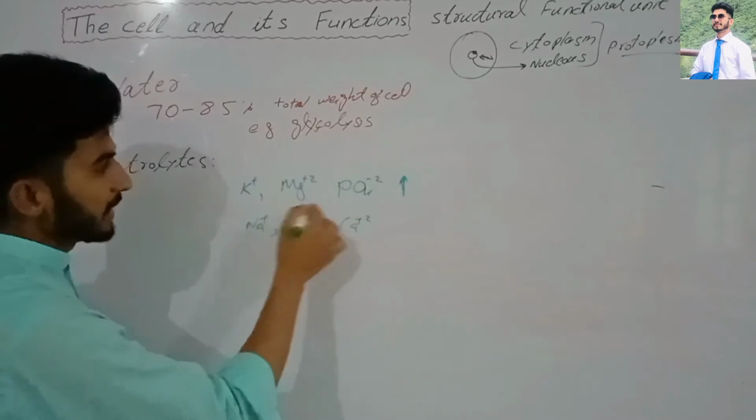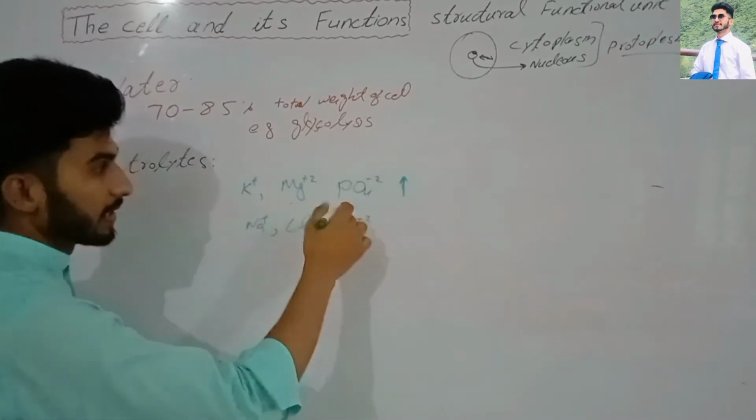And potassium, magnesium and phosphate ions are in high concentration inside the cell.